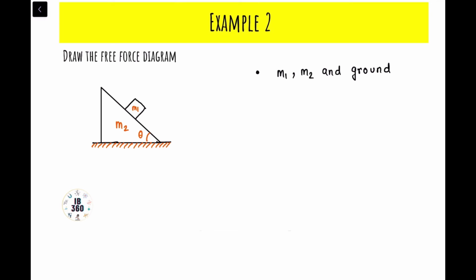The next step is to isolate the bodies. So this will be our ground, and over the ground will be our wedge.